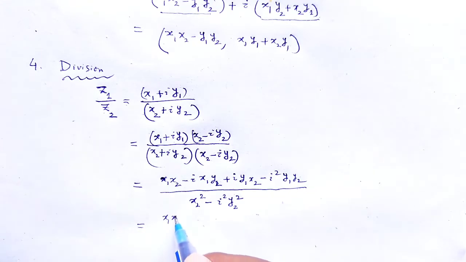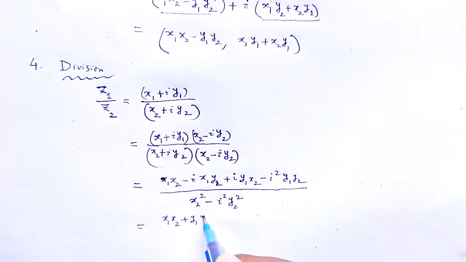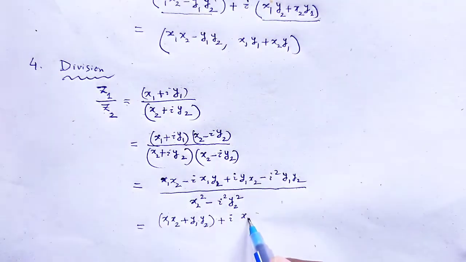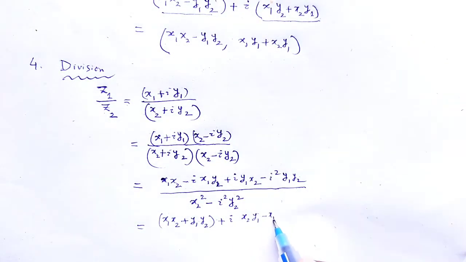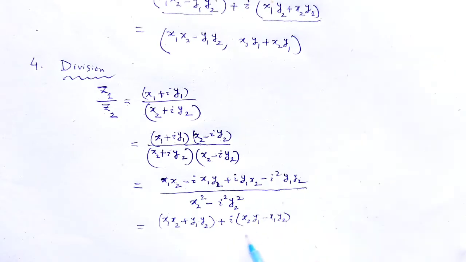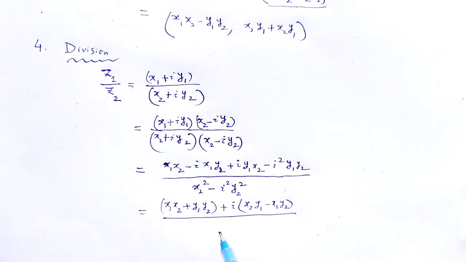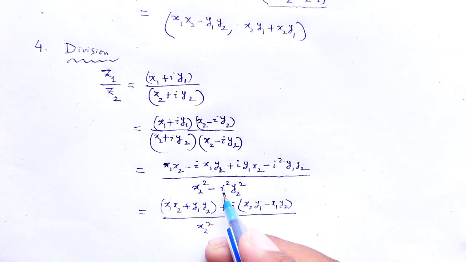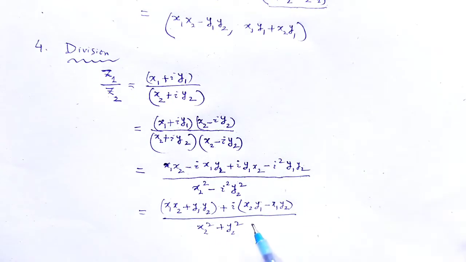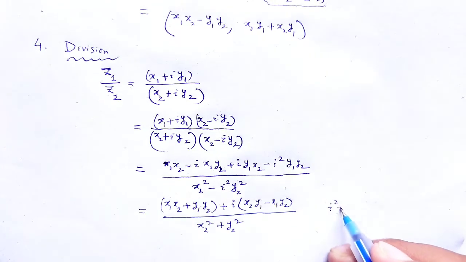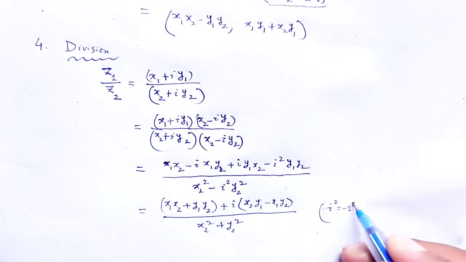Here we have x1 x2 plus y1 y2 plus i times (x2 y1 minus x1 y2), divided by x2 square plus y2 square, since i square is equal to minus 1.